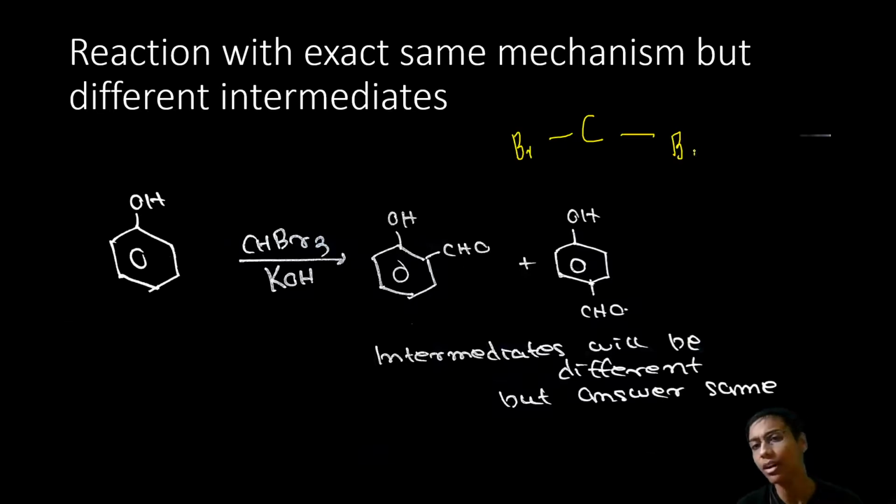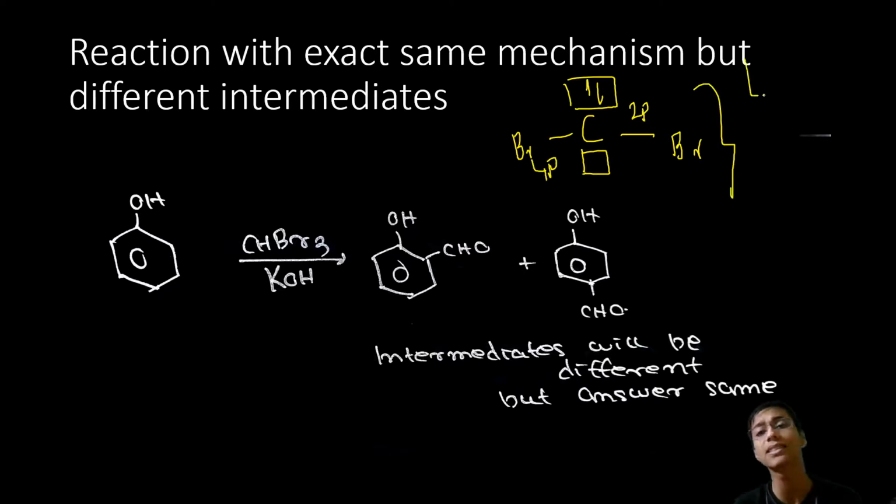And you definitely know from the previous videos, click the I button if you haven't seen them, that this is 2p, this is 4p. So back bonding is less. If the back bonding is less, this is less stable. And if this is less stable, it is more reactive.